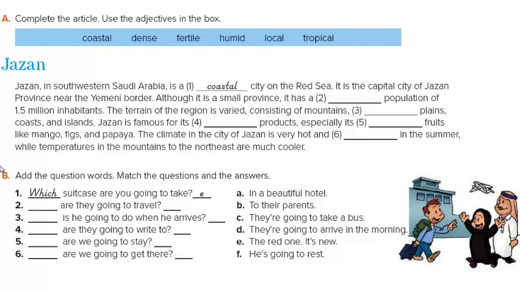Although it is a small province, it has a blank population of 1.5 million inhabitants. The terrain of the region is varied, consisting of mountains, blank plains, coasts, and islands. Can you think? That's good. Yeah, a dense population. Right. Carry on.